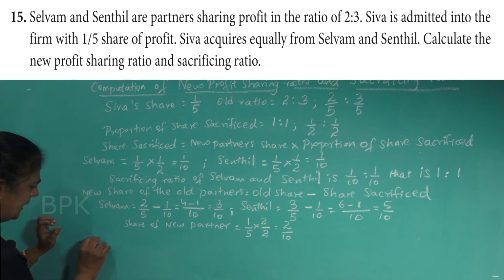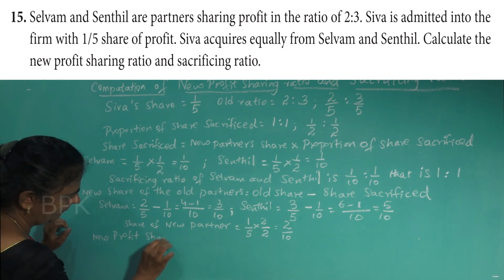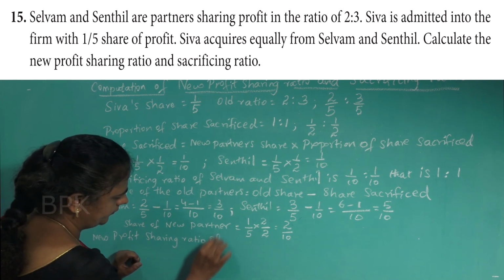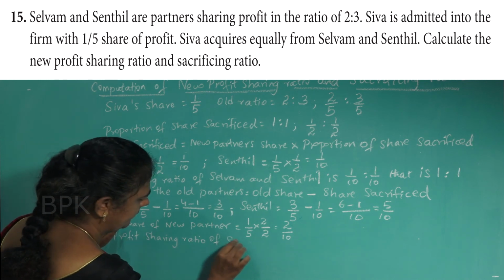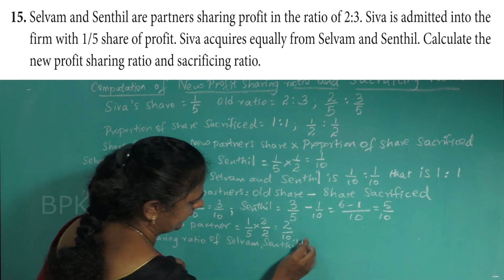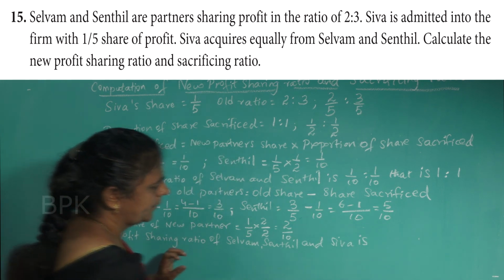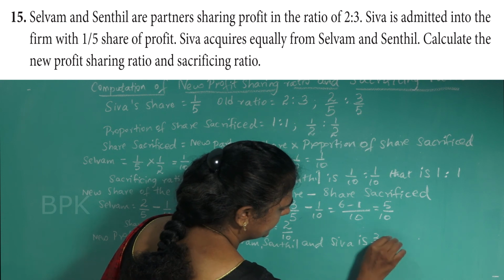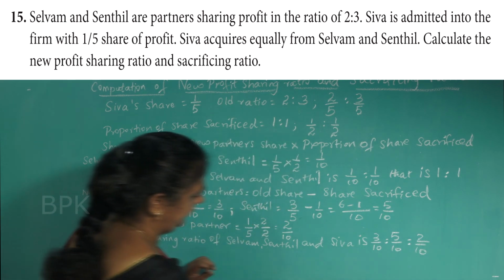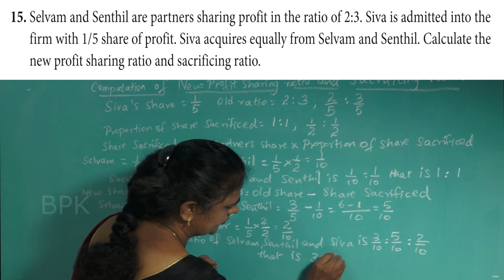Okay, so you must write the last, the new profit sharing ratio of Selvam, Senthil and Siva is 3 by 10 is to 5 by 10 is to 2 by 10. That is 3 is to 5 is to 2.